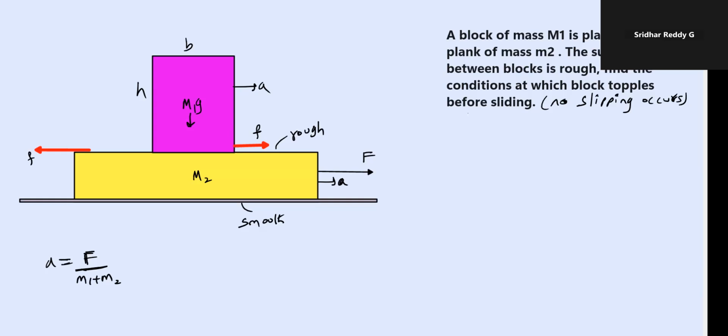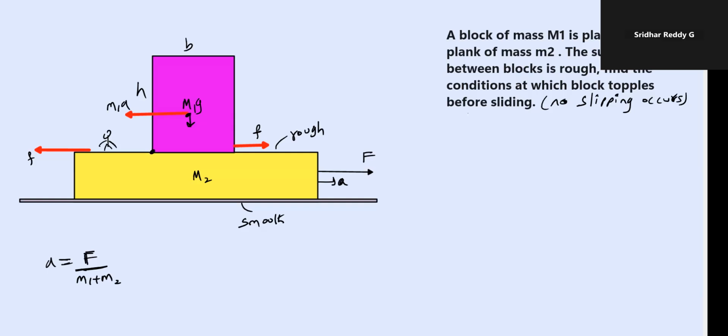About what point can it topple here? We'll analyze through the plank frame. You stand on the plank frame, then the pseudo force should act backward. Then the weight mg will act.